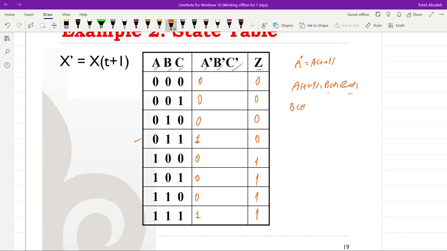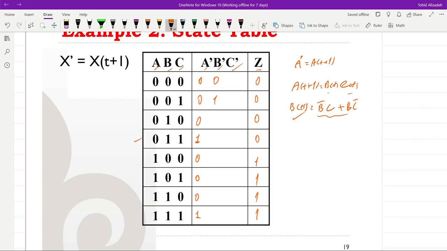Then for B, we have not B and C, or B and not C. So B at t plus 1 will be equal to 1 only when exactly one of B and C is equal to 1. Otherwise, it will be equal to 0.